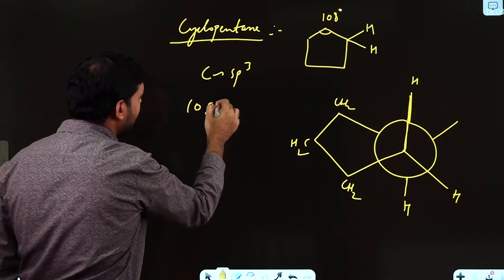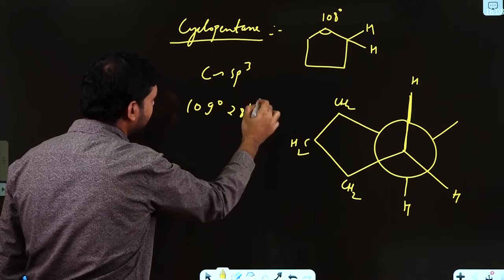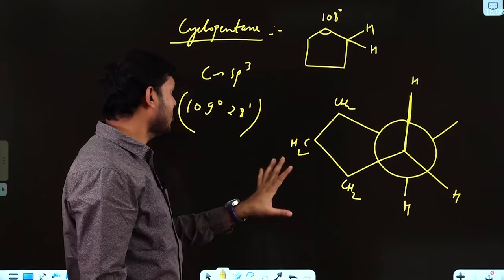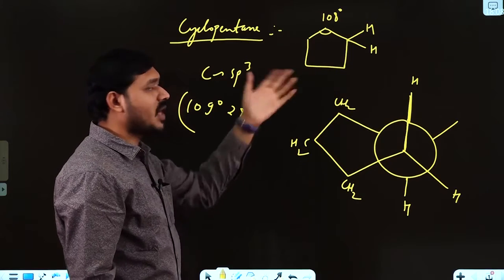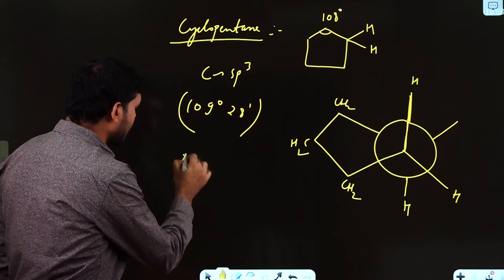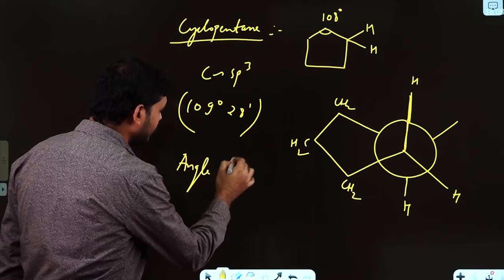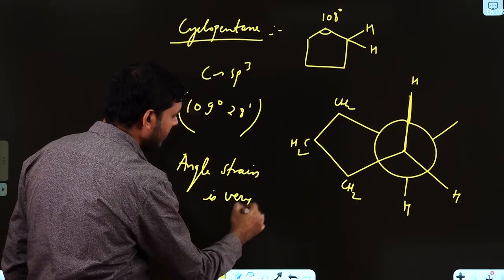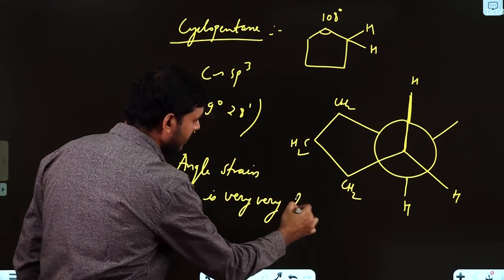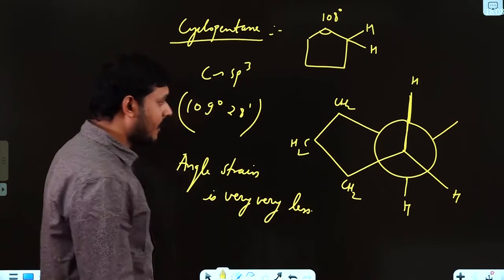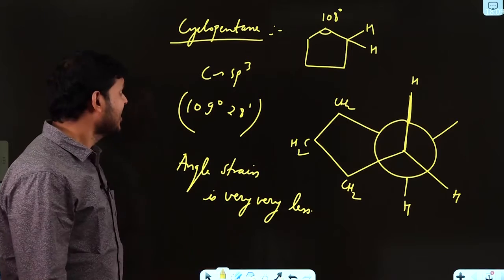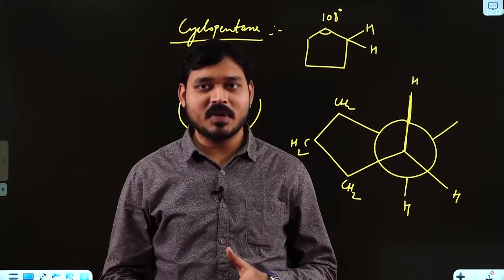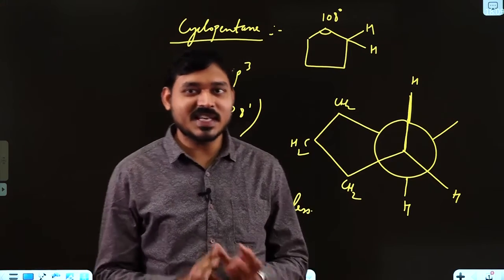Correspondingly, the bond angle 109 degree 28 minute is expected. Here you cannot say it is exactly 109 degree 28 minute, but it is very near to that. Okay, so the angle strain is very less. Clear?